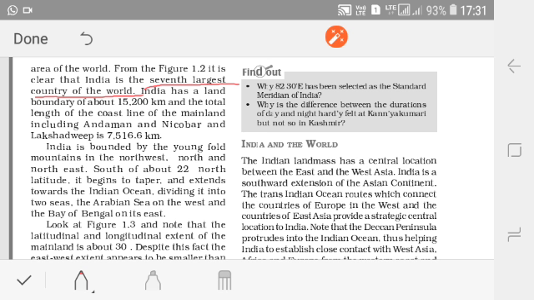Now it is saying India has a land boundary of about 15,200 kilometer. 15,200 kilometer means if we measure India's outer line, then it is 15,200 kilometer.